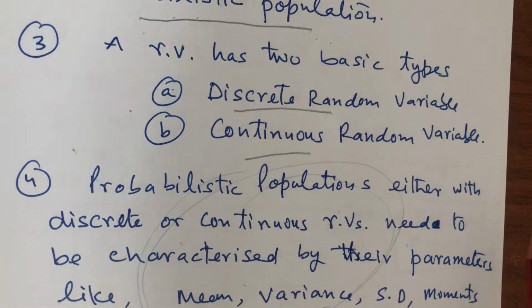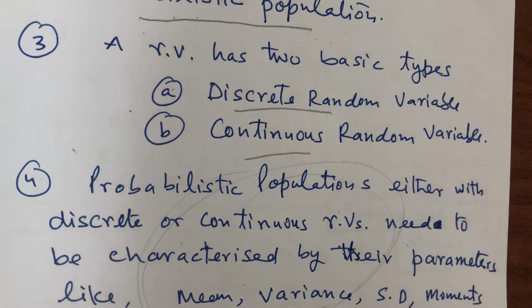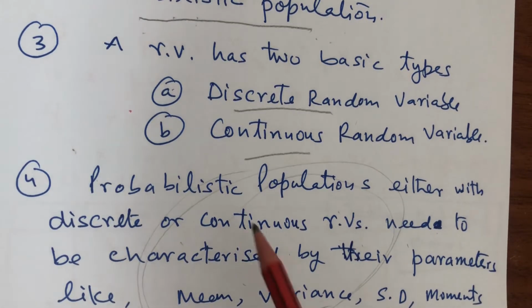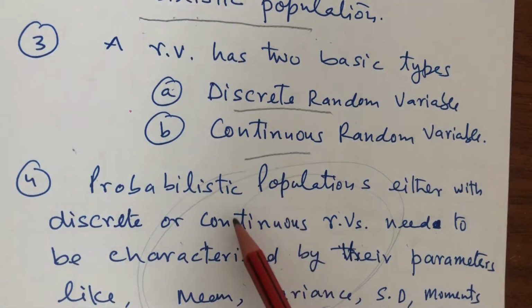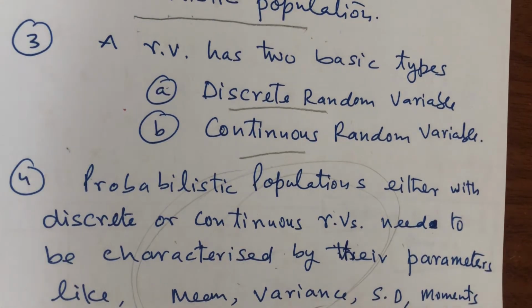Why are we so much worried about random variable? Why are we discussing it so much? Why do we not stick to a simple variable? Here is the point. Because there are many situations where the simple variable does not work, we are bound to consider its probabilistic nature. So that becomes a random variable.